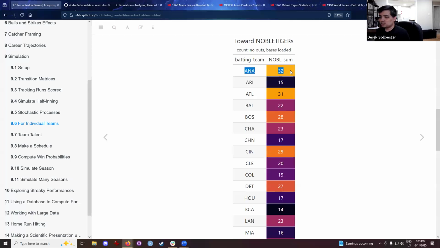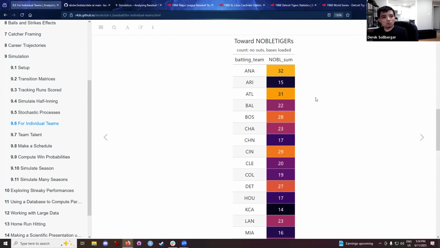They had this bases loaded situation 32 times. Whereas in contrast, the Arizona Diamondbacks had this bases loaded 0 out situation only 15 times. That is, again, the start of the inning, not necessarily finishing off the Noble Tiger itself.